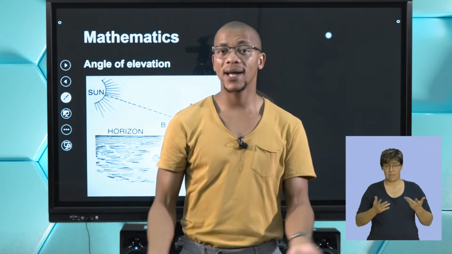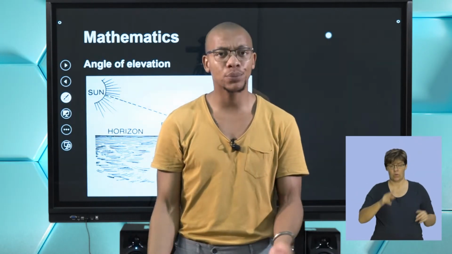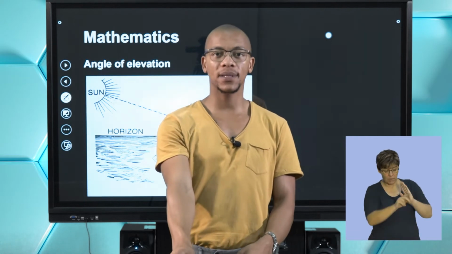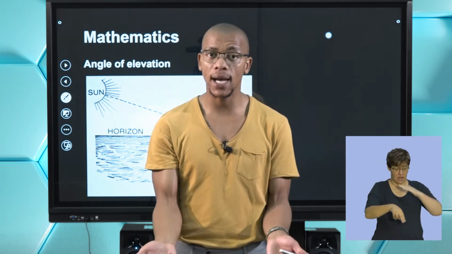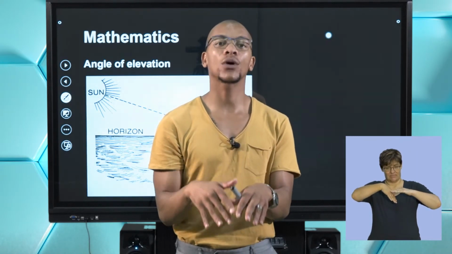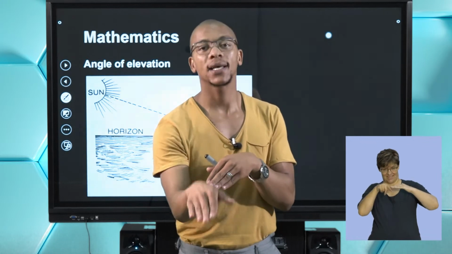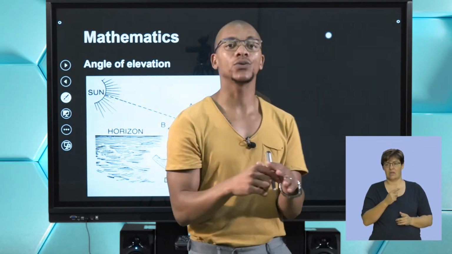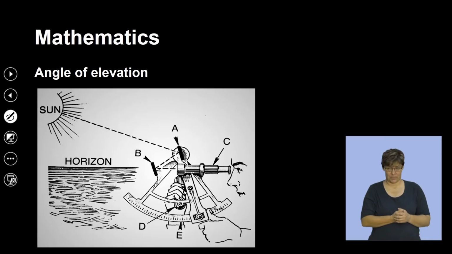If maybe you are at a swimming pool and you look down inside, there's a coin there and you want to jump in and take it out, you will then be looking at it from the angle of depression, which is the angle that we normally look at when looking down. So that's what you will need to know about angle of elevation.